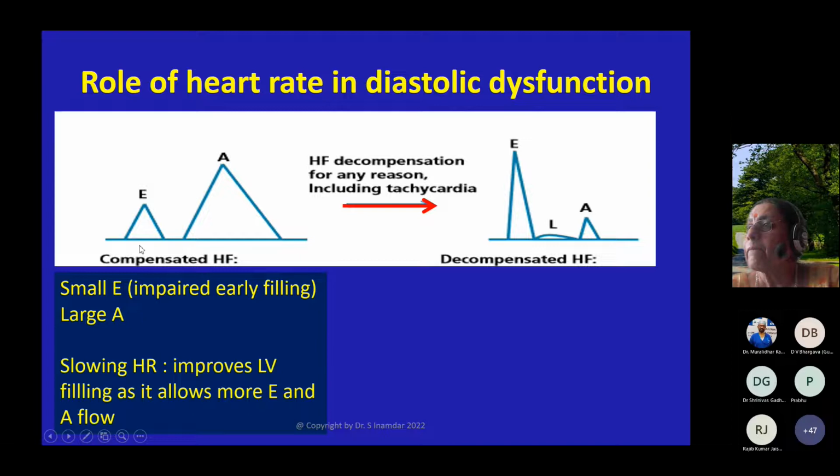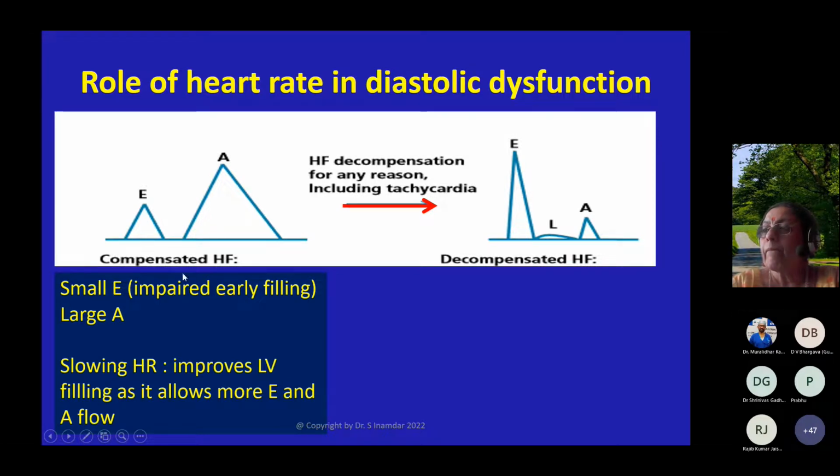So this is grade 1. There is a small E because stiffness of the ventricle has started, impaired early filling, and a large A. Because there is a small E, the LA has to contract vigorously to push the blood, and this is the flow profile.